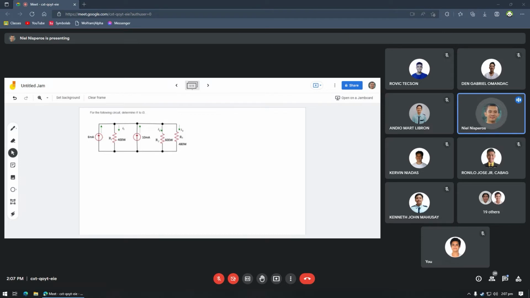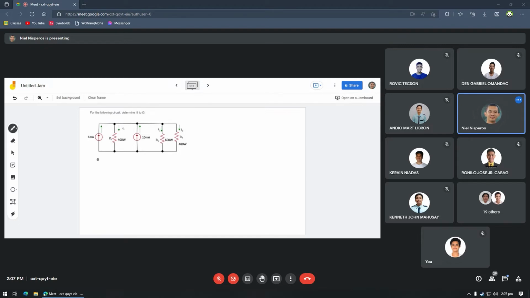We're given two sets of current, the 6 milliamperes and the 10 milliamperes. So all we have to do is add the two. This is the total current running through the circuit. Here we need to find RT first.